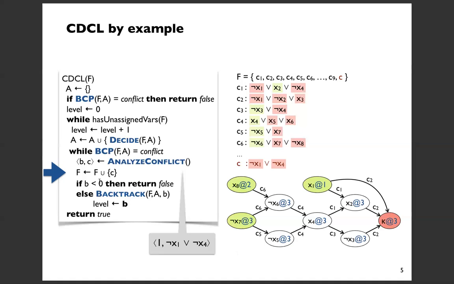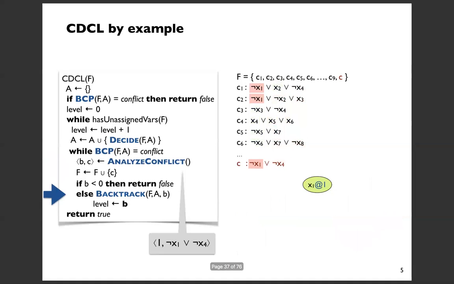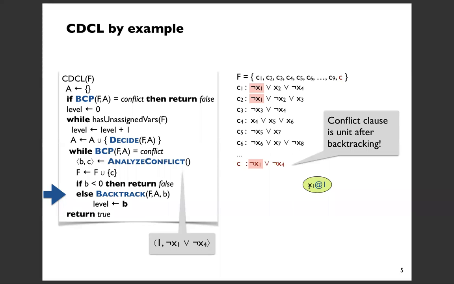Okay, and that's what is done here, and it decides to jump multiple levels and backtrack to level 1. I'll explain what the criteria for it is, and why that seems to work better in practice.